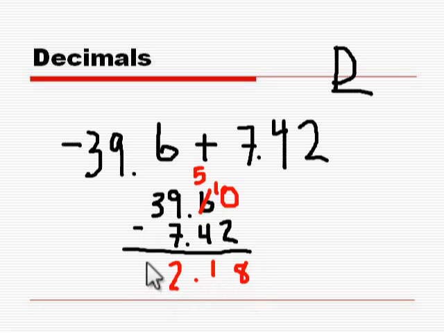And 3 minus nothing, or 0, is 3. Then I have to decide what my sign should be. So the signs were different. So I found the difference, and I take the sign of the number with the higher absolute value. The higher absolute value number goes on top. Therefore, I'm going to use this negative sign, and therefore my answer is negative.